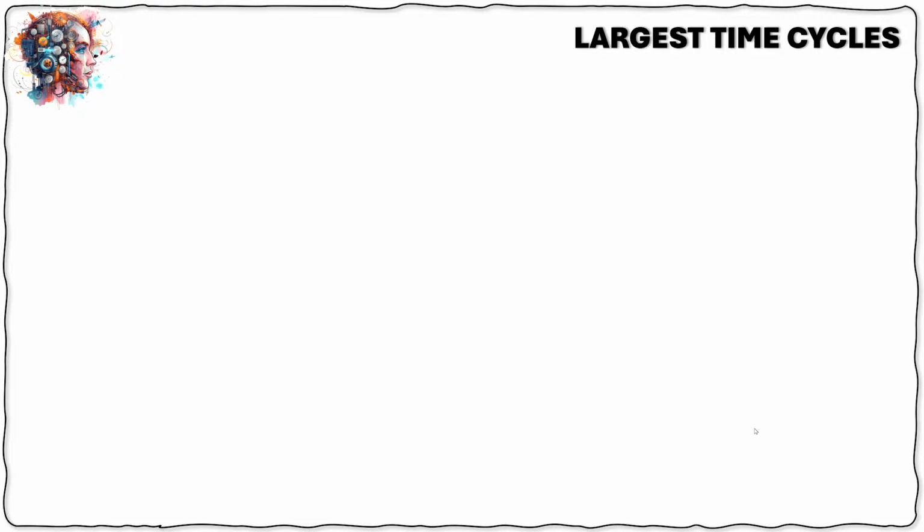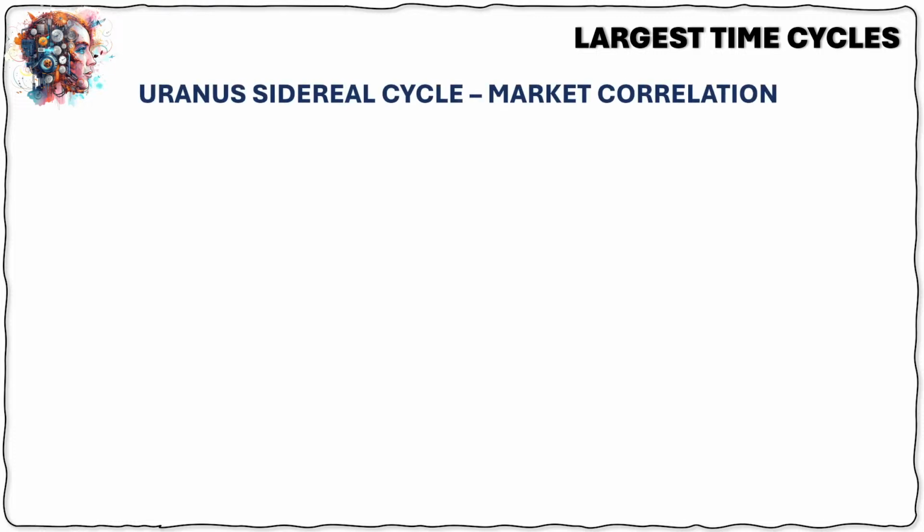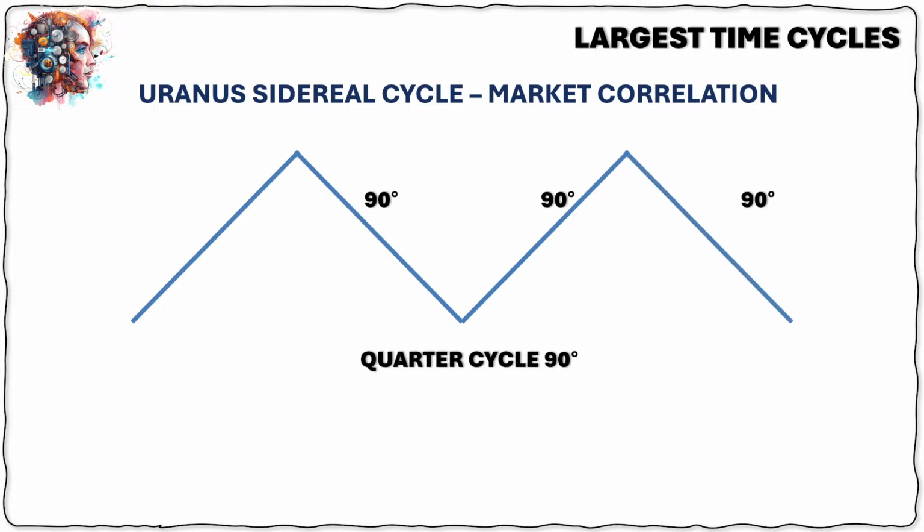Now, what actually happens in the market with these cycles? The Uranus cycle corresponds with market correlation. How does it correlate? This is how the quarter cycles work. For 21 years, you have the market going up.